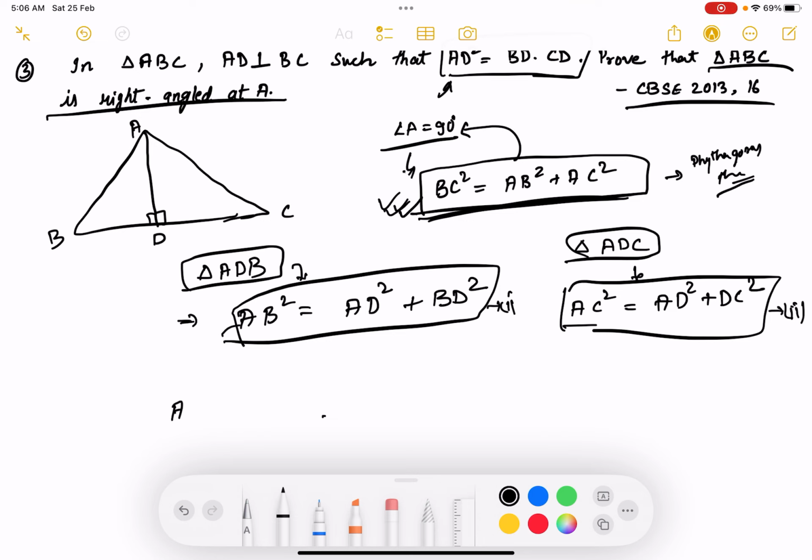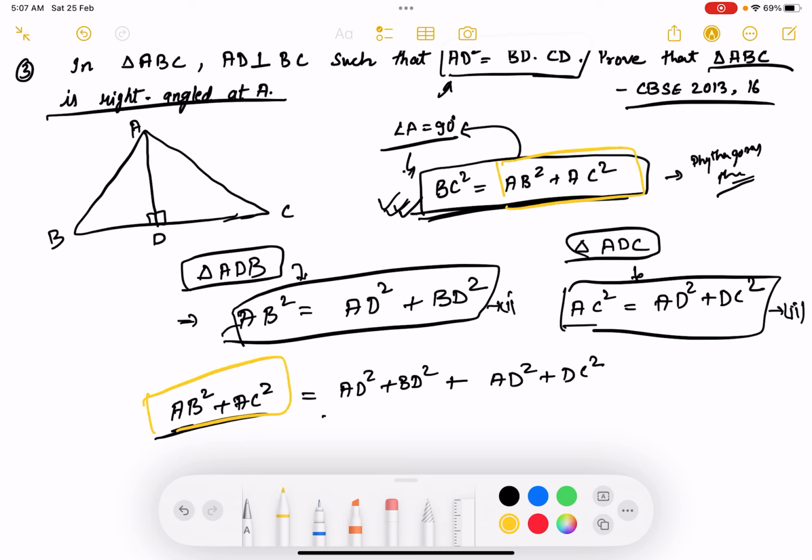On the left hand side we have AB square plus AC square is equal to AD square plus BD square plus again AD square plus DC square. On the right hand side we have 2AD square plus BD square plus DC square.